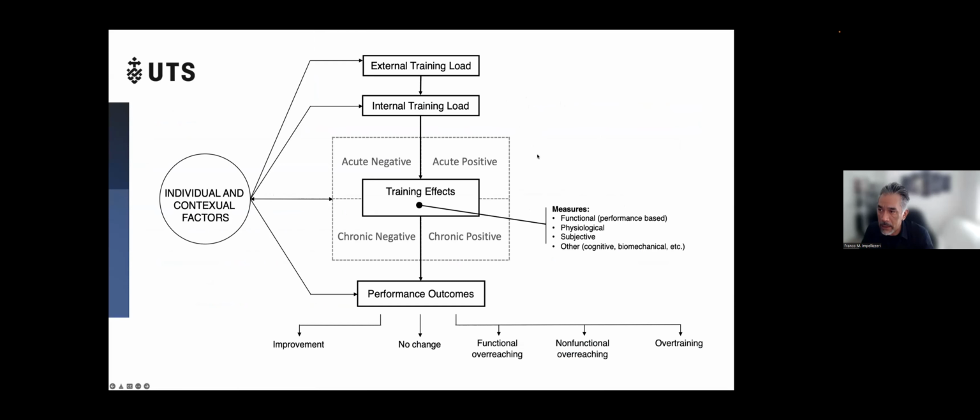So technically, in the way we presented it, it's not a measure of internal load within our framework. But in our framework, actually, there was no place for heart rate variability.